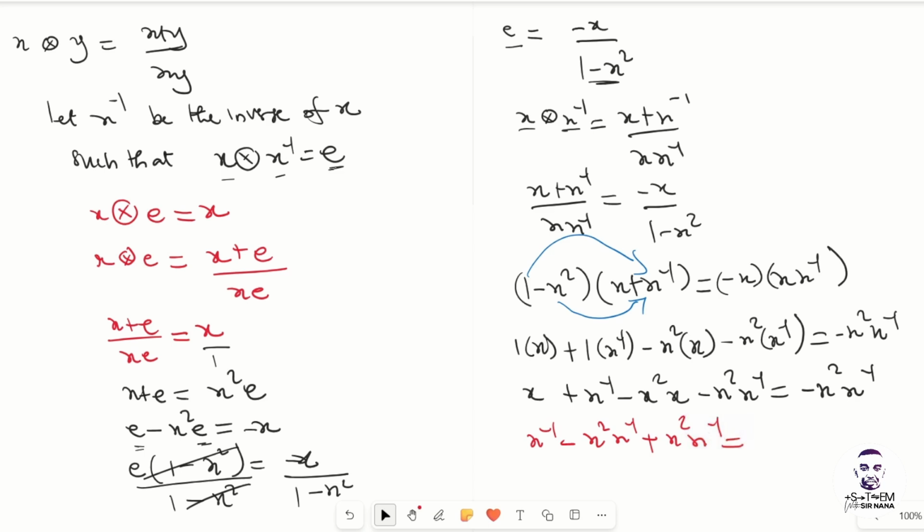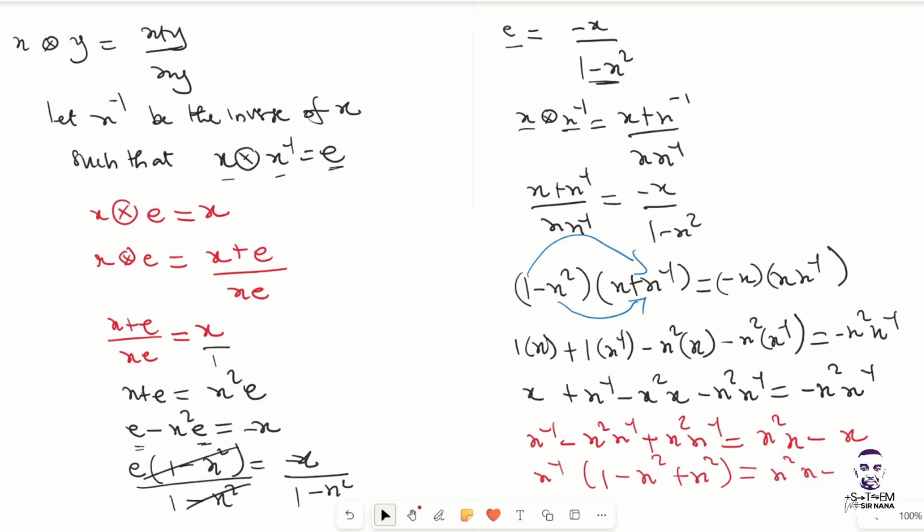So we have x squared x minus x, right? So we are going to have x inverse, which will factorize out, will give us 1 minus x squared plus x squared, right, is equal to x squared x minus x.